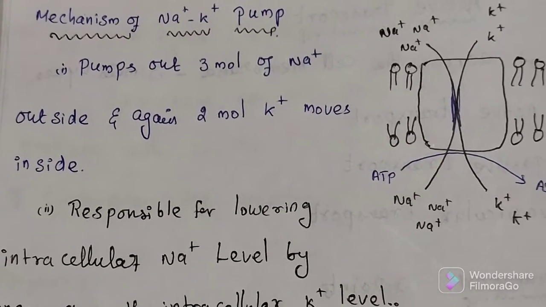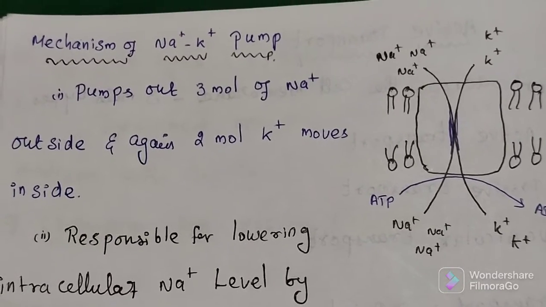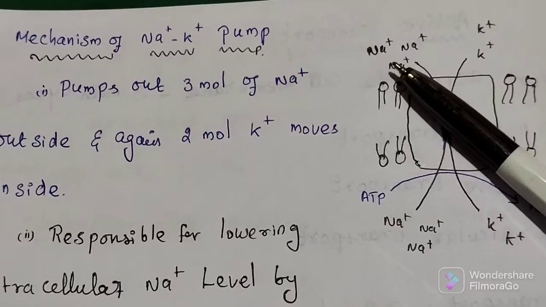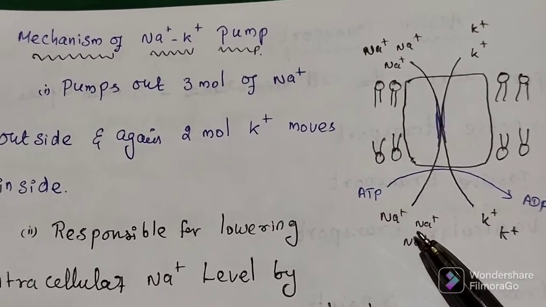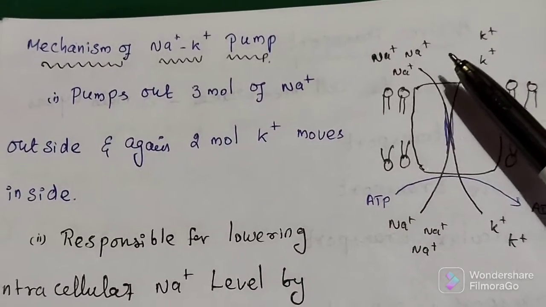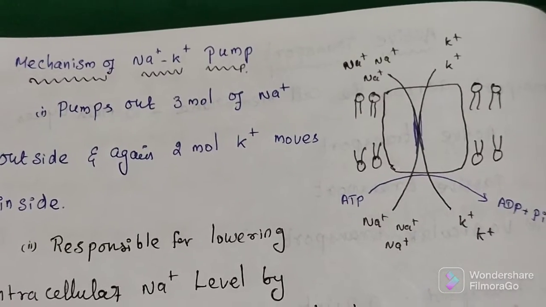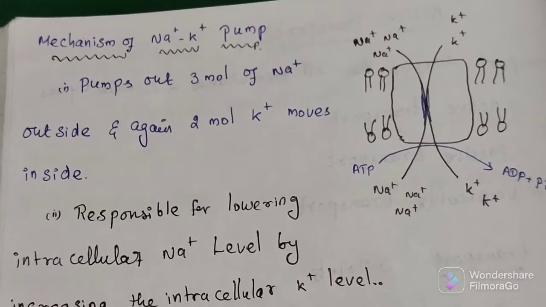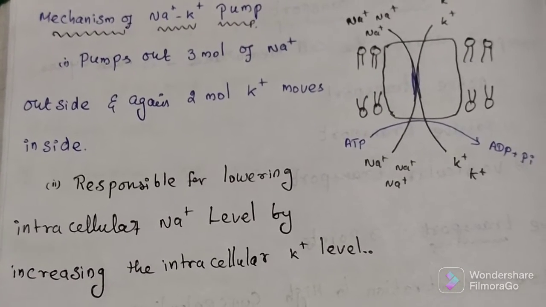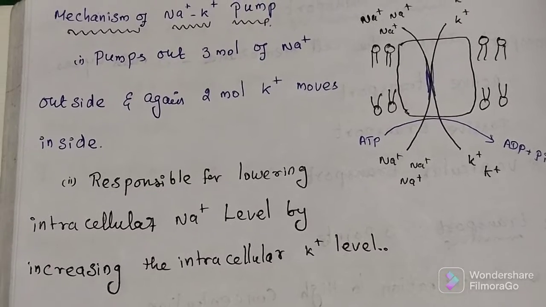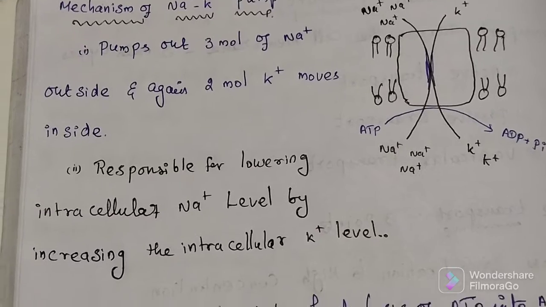It pumps intracellular sodium to the outside. Three molecules of sodium move outside, and two molecules of potassium come inside. So it lowers the intracellular sodium level and increases the intracellular potassium level.